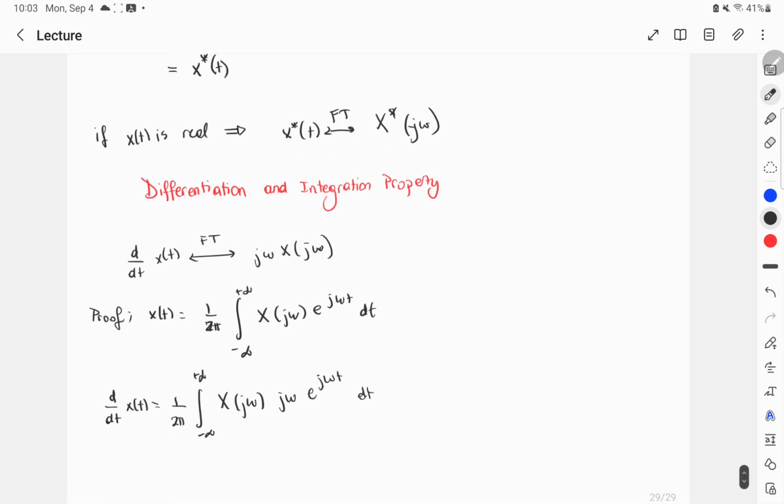This expression, right? And as we noticed, this was already our previous expression.